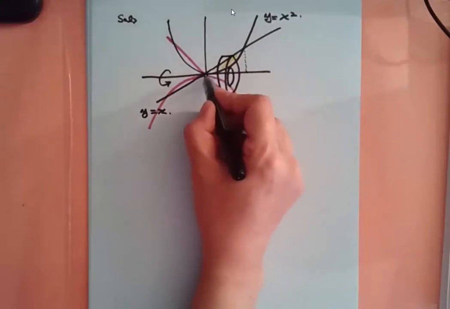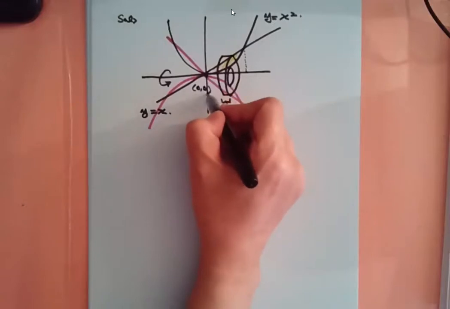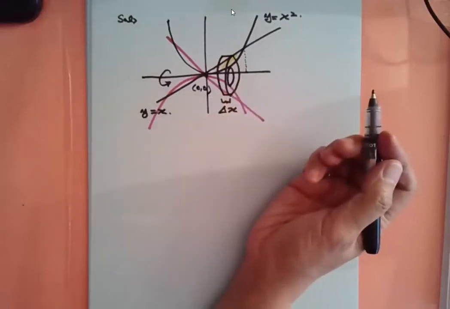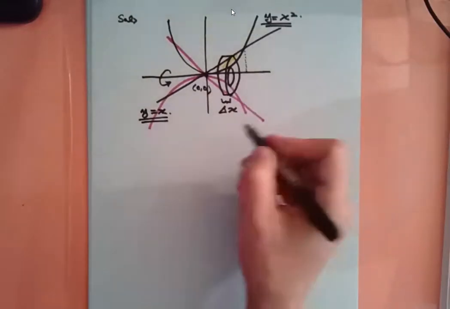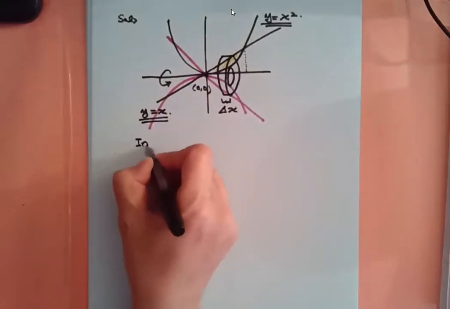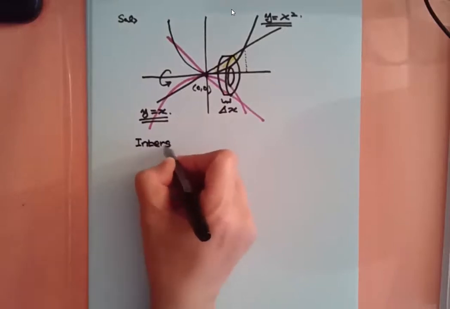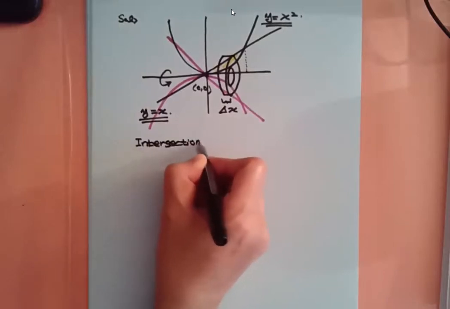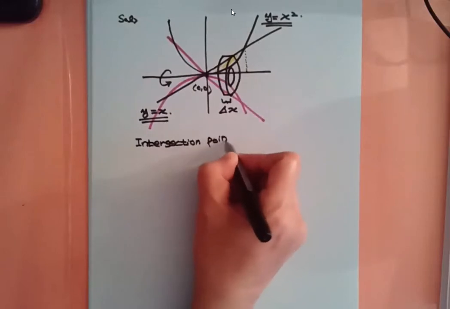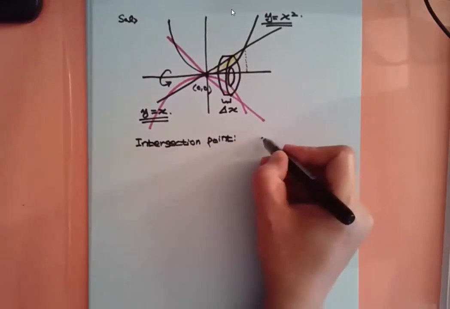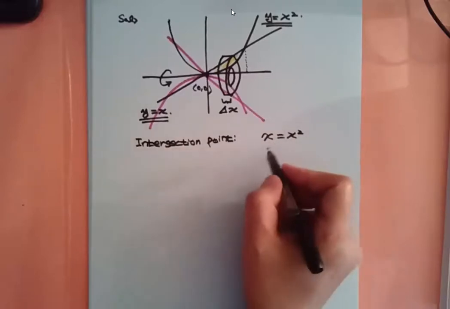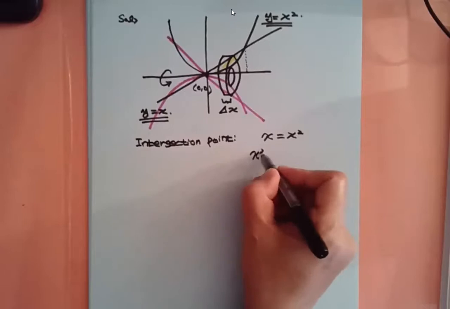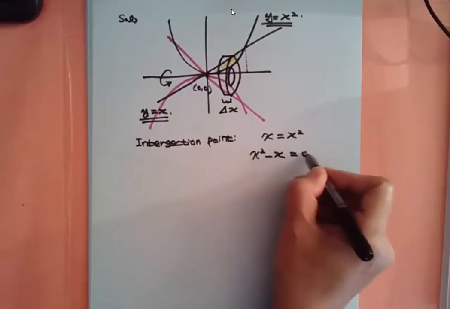Obviously, both are passing 0, so 0, 0. And we have y equals x and y equals x squared. Then to figure out the intersection point, we have to set up an equation, x equals x squared, because their y values are the same. So x squared minus x equals 0.